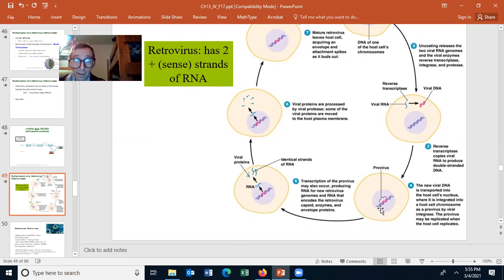That provirus can be transcribed, making positive strand RNA, which is the genome of the virus, but that is also the strand that's read by the ribosomes, and then that RNA will go into the cytoplasm, be translated into the viral proteins.